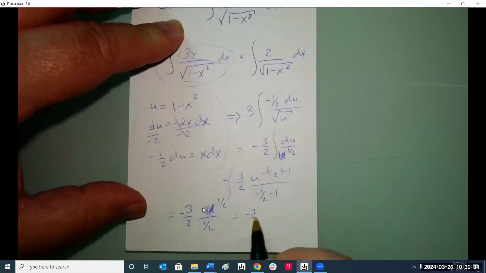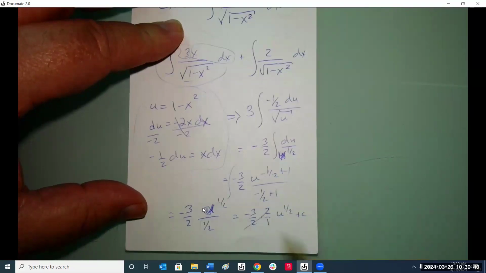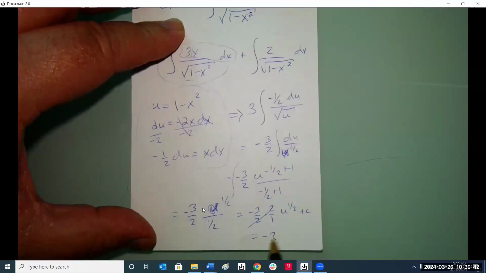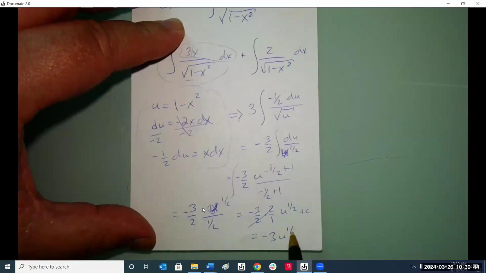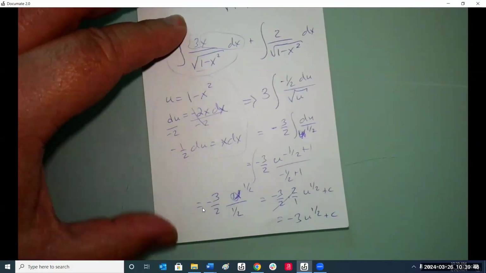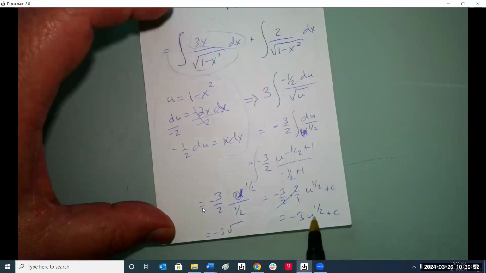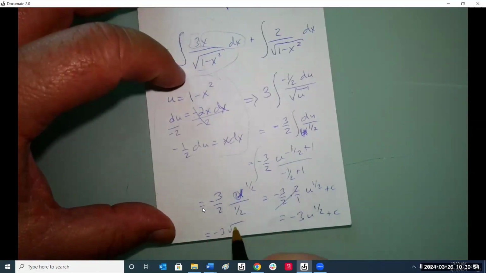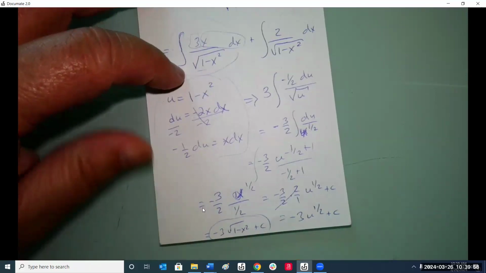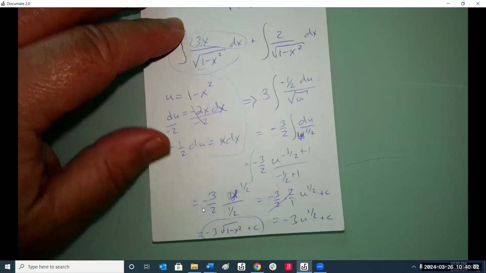We get -3/2 times 2/1 u to the power 1/2 plus c. So it equals -3 u to the 1/2 plus c, which is -3 square root of u, where u is 1 minus x squared, plus c. So that's the first part. And we can combine these a little later.